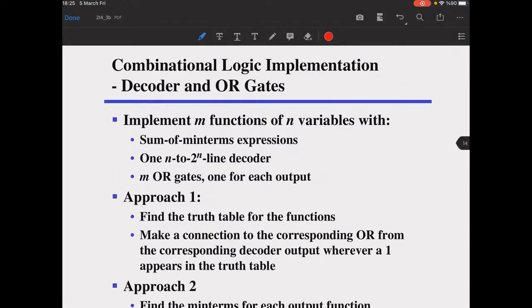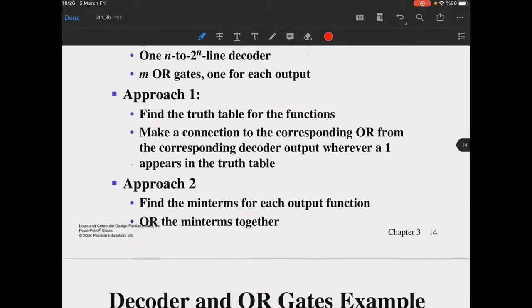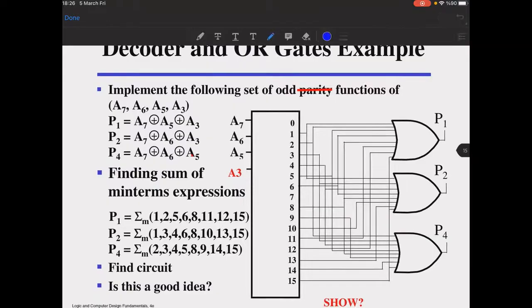So we can implement combinational logic circuits with decoder and OR gates as well. Suppose that you can implement that circuitry, or you are forced to implement a given circuitry with a decoder only, for example. Let's take a look at this example.